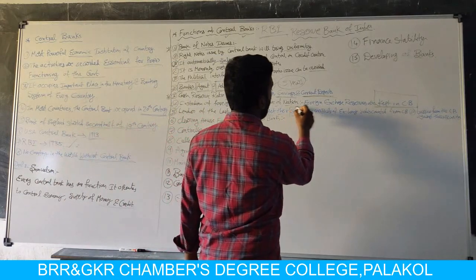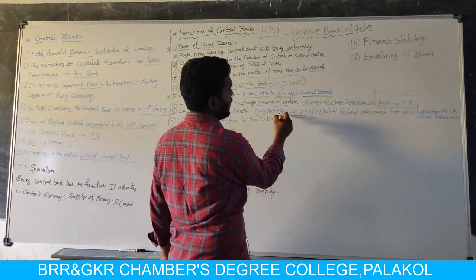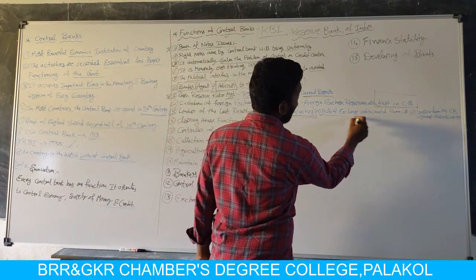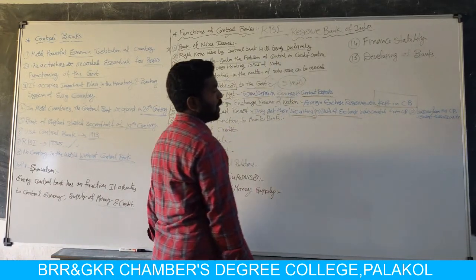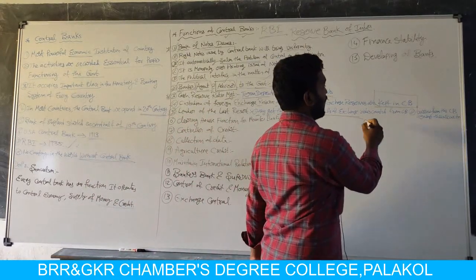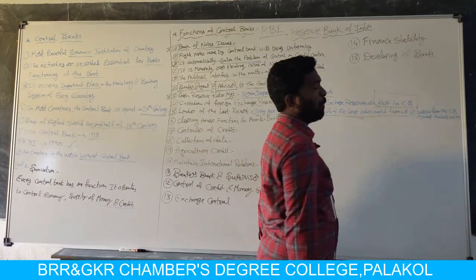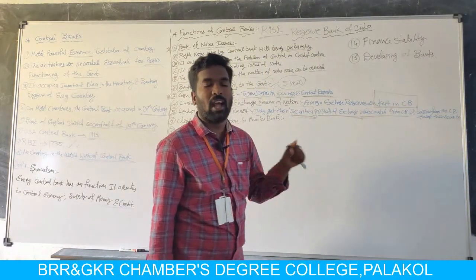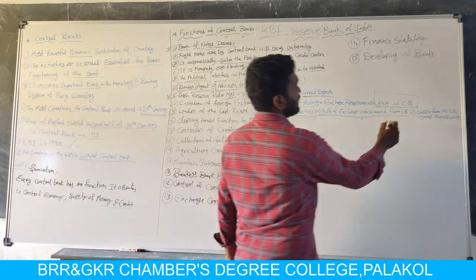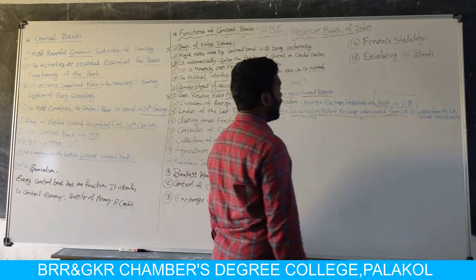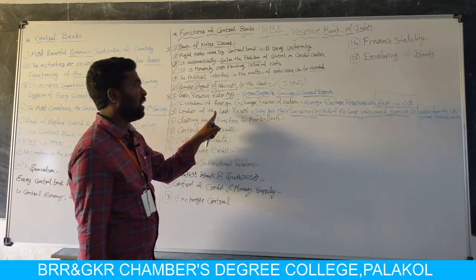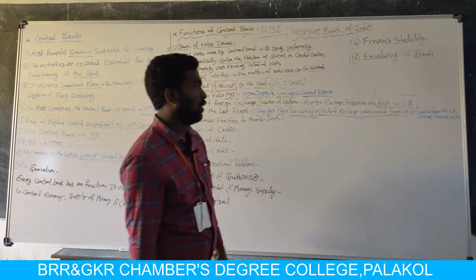These securities, the bills of exchange, are rediscounted from the central bank. Rediscount means discounting again from the central bank. This is the first point of lender of last resort.